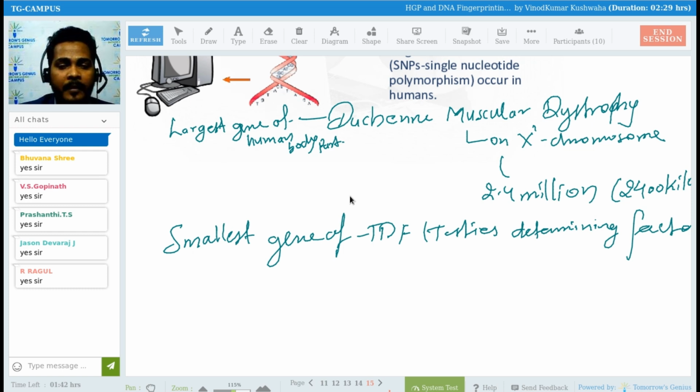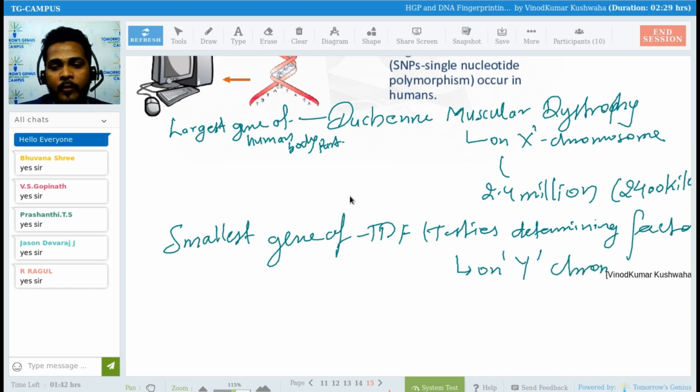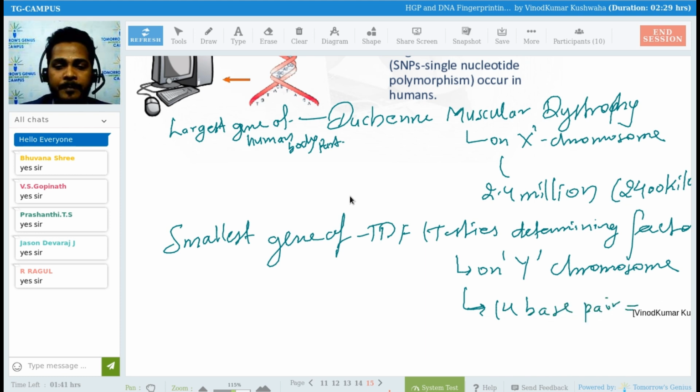Where is it present? It is present on the Y chromosome. And what is the number? The number is just only 14 base pair. That is the number.